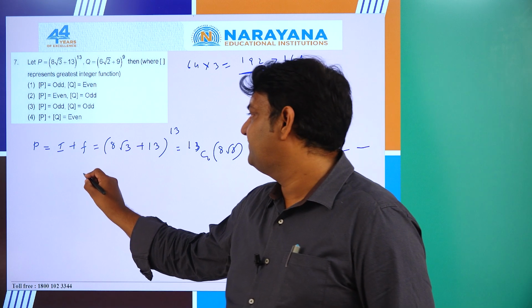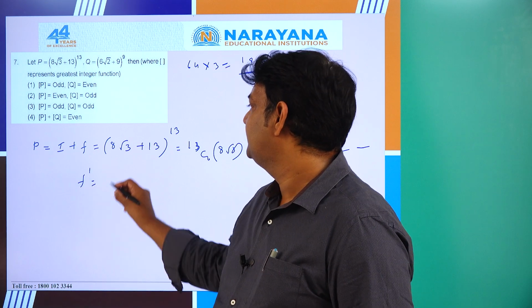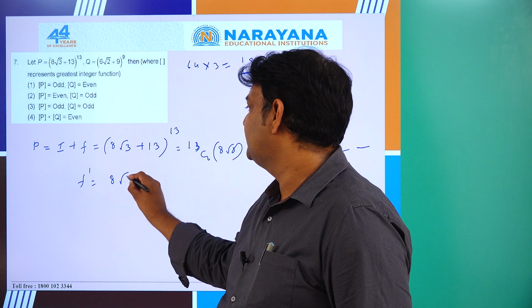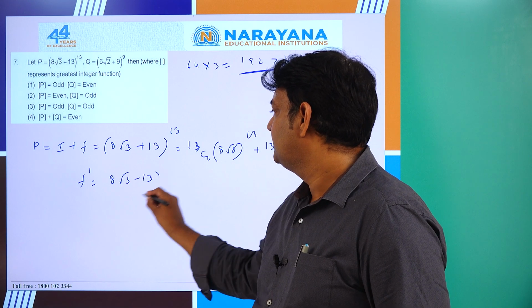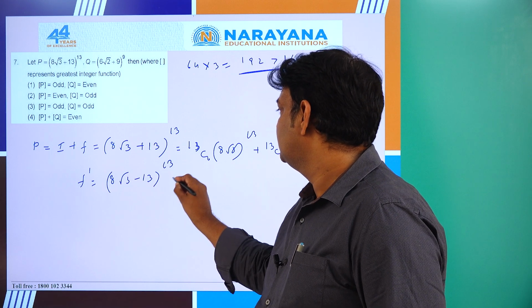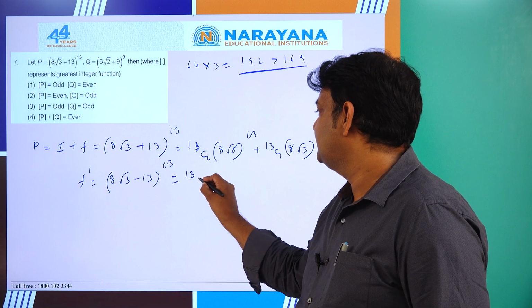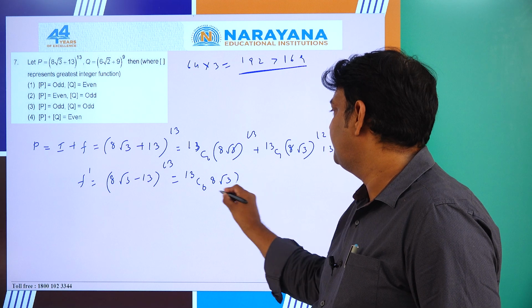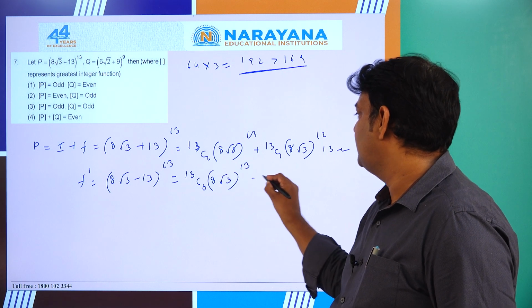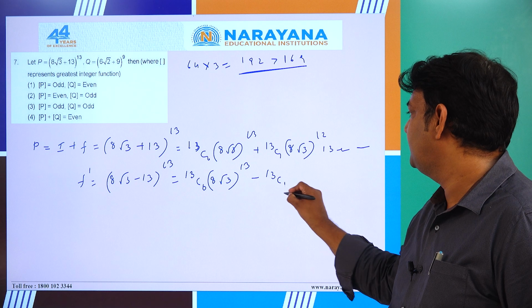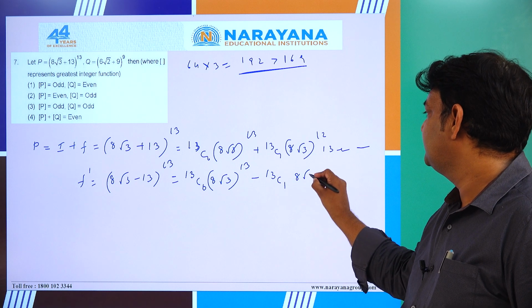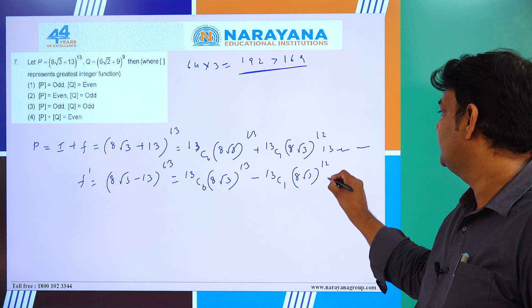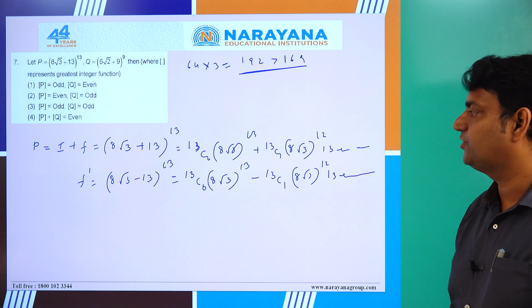Now we will consider f dash, the difference of these two: 13C0 (8√3)^13 minus 13C1 (8√3)^12 into 13, and it will keep on going like this.